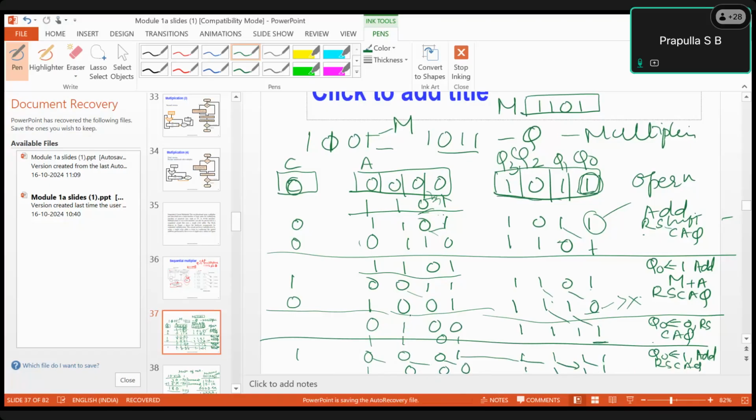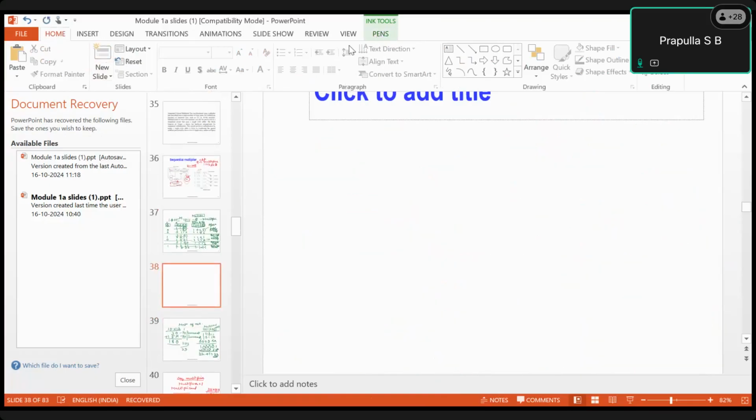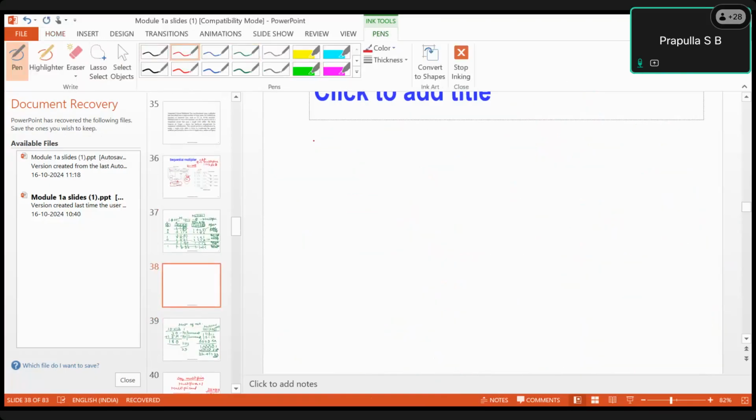What had we taken? We had taken 13 into 11. What should you get for 13 into 11? It should be 143, I think, right? We had 1000 in register A and 1111 in Q. Why did we stop at the 4th step?